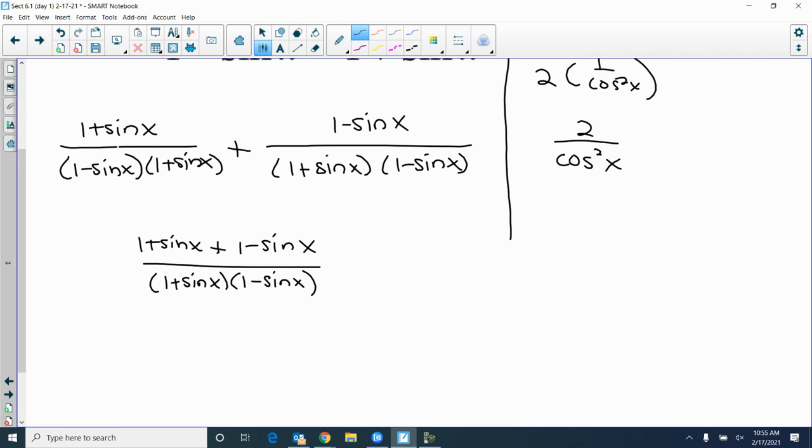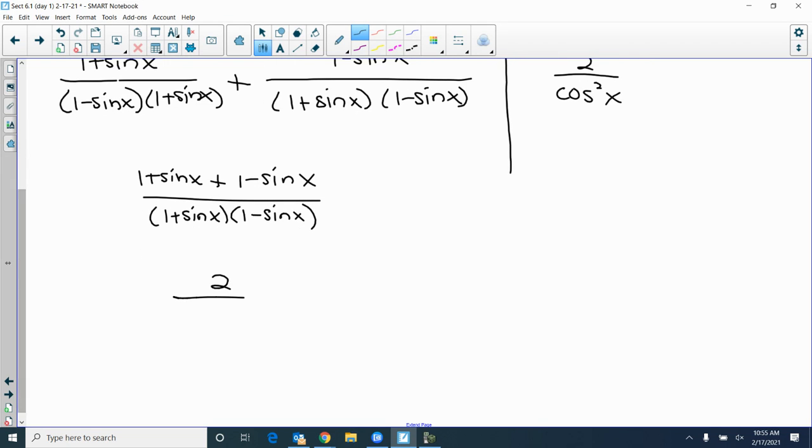This is where you keep the end in mind. You keep a look over here on the right-hand side. This is what I'm trying to get to. I'm trying to get 2 over cosine squared. What does the numerator add up to? You take your time there. What just happens? It becomes 2. Just becomes a 2. 1 plus 1 because you got a positive sine of x, a negative sine of x add up to 0.